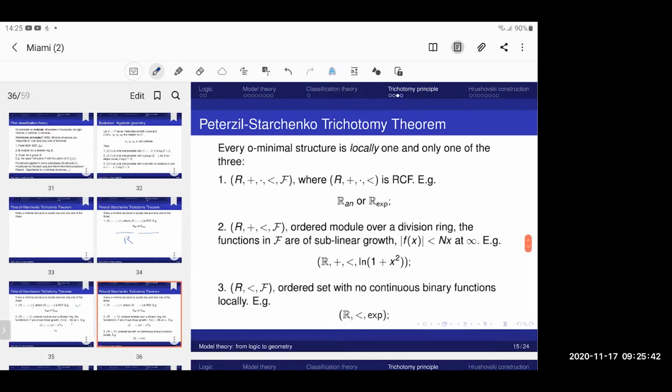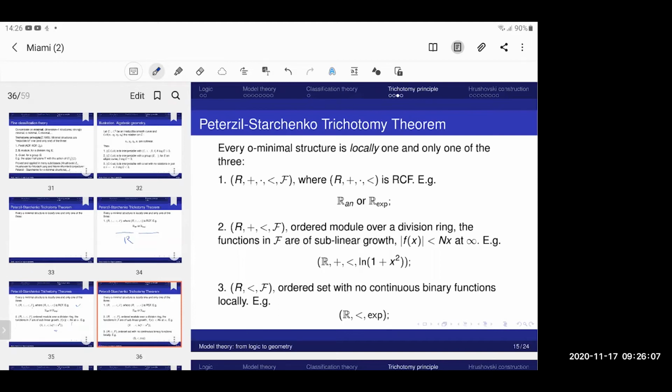Okay, and then the third case is when you cannot even have addition. You just have an ordered structure with some functions on it, but the functions are very simple. They are essentially one variable functions. So you cannot have a function which is actually a two variable function.